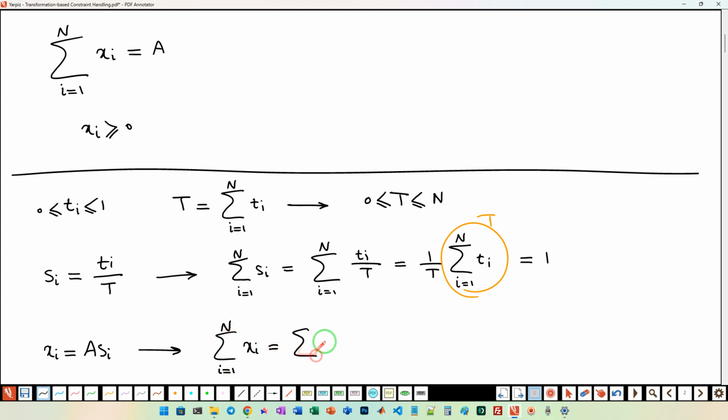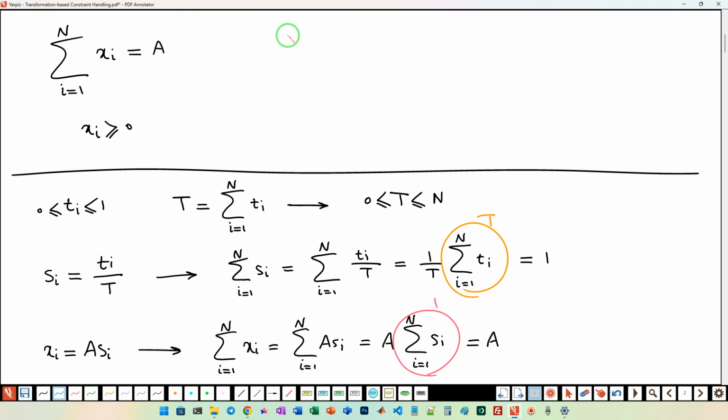That's summation of a si, and again a is a constant, and we know that this summation is 1 according to the previous equation. So we have a. So now we have these variables xi's which add up exactly to a.